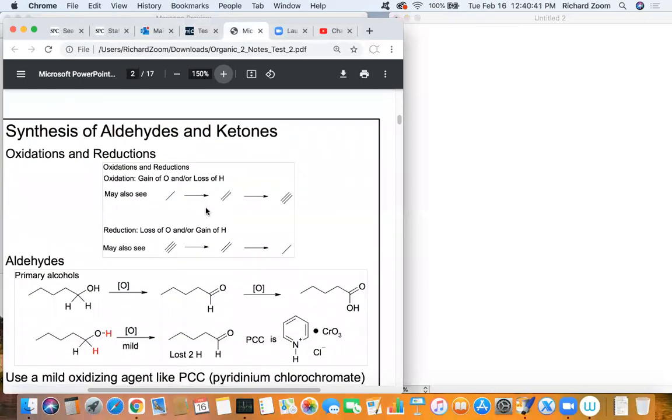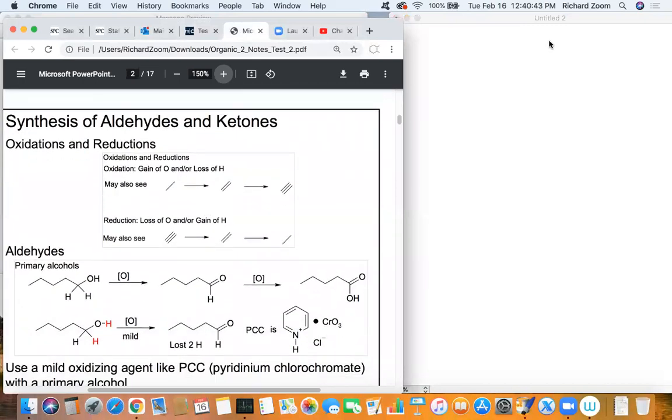All right, so let's look at synthesis of aldehydes and ketones. Let's first of all look at oxidations and reductions. What usually characterizes oxidations is the gain of oxygen and/or loss of hydrogen. The other thing we tend to see with oxidation is an increase in the bond order. So we might see single bonds going to double bonds, going to triple bonds.